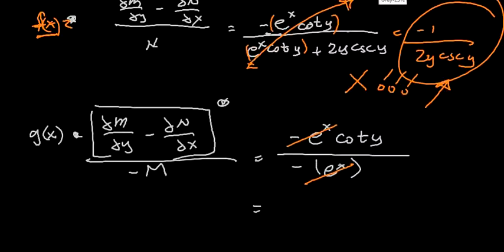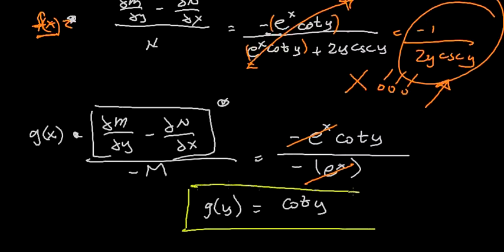So we're left with the answer cotangent y, which is clearly purely a function of y alone. Okay, so we will now use this as our integrating factor.